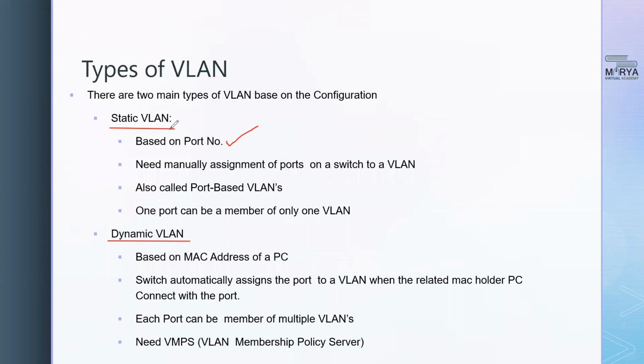So it means that when we create static VLANs, we should assign port numbers as members to that created VLAN, and this assignment will be done manually. We have to select the port, next, we have to assign them to the specific VLAN. So based on these two features, we can say that static VLAN is also known as a port-based VLAN.